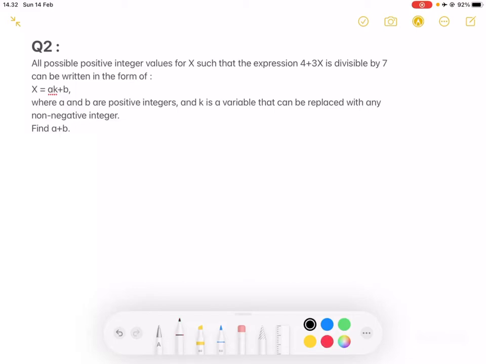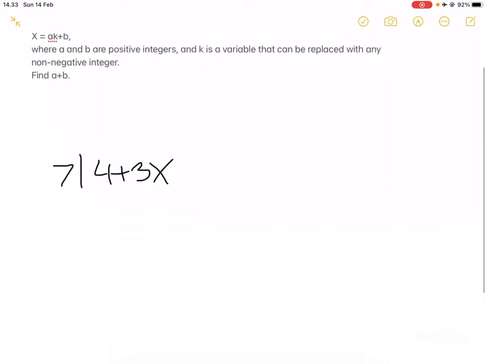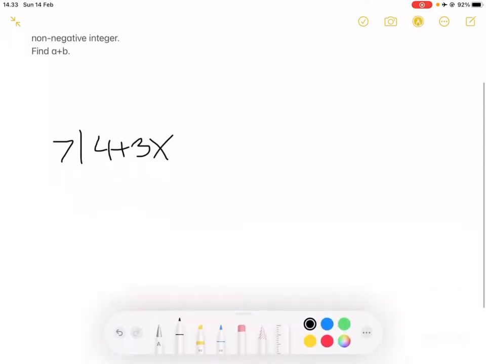So knowing that 7 divides 4 plus 3x, we can rewrite this as a congruence mod 7. We have 4 plus 3x is congruent to 0, since it leaves no remainder, mod 7.